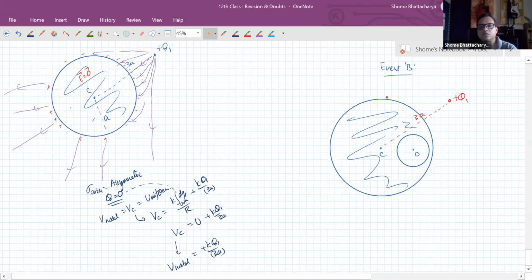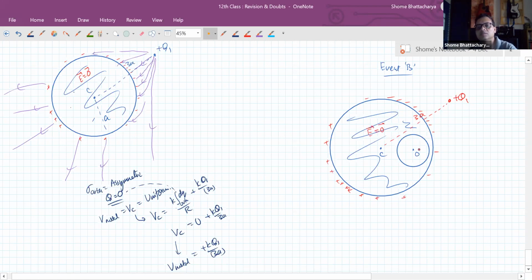So what this will do, this will do the same thing. It will not have any effect on the inner surface of the cavity, because the entire region inside the metal is shielded from that charge. Anything inside the metal doesn't feel the effect of the charge, because the charge induced on the outer surface is cancelling its effect. Field in this region is 0.